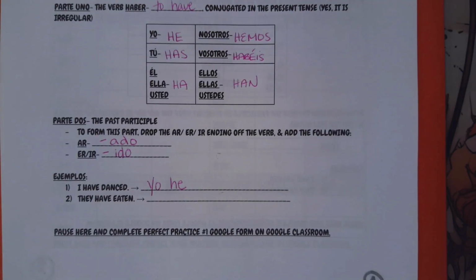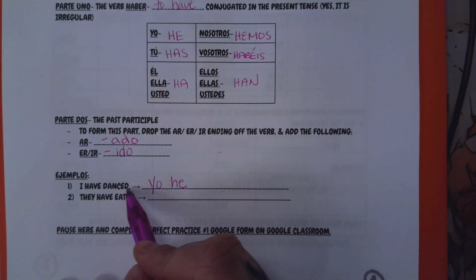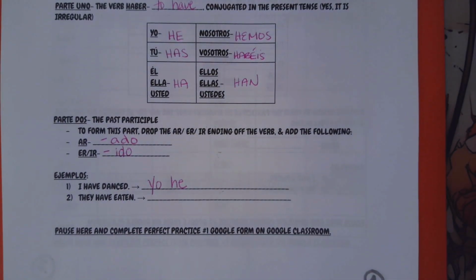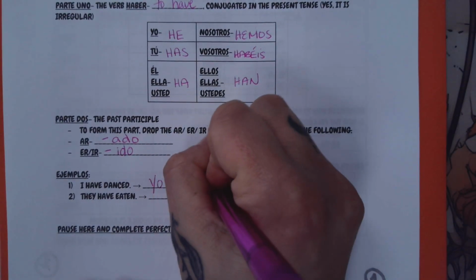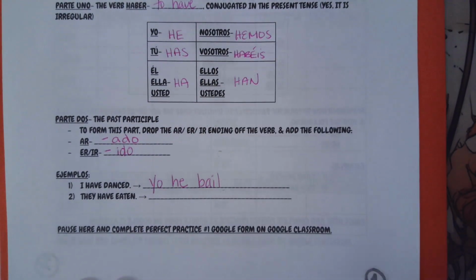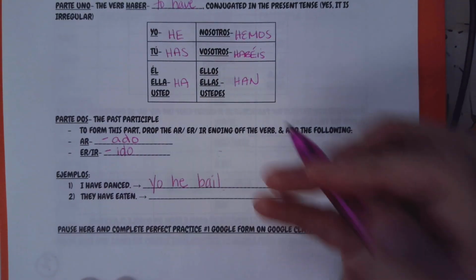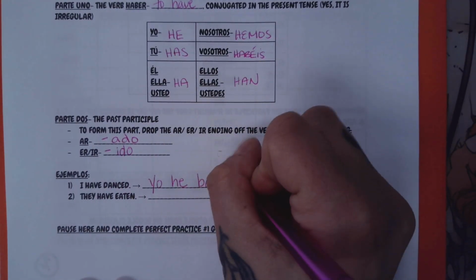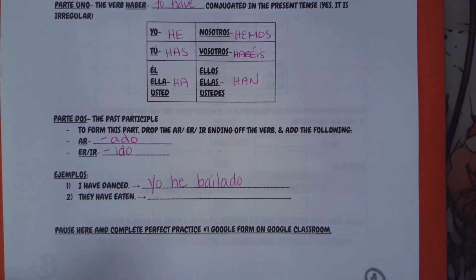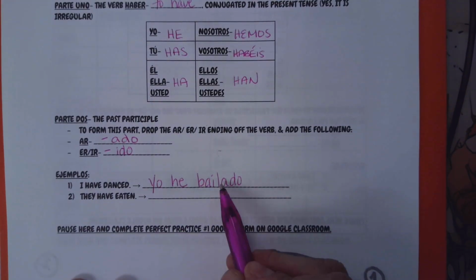And in Español se dice bailar. We know bailar is an AR ending verb. But in this case, for that past participle, to get that ED when we're using it in this tense, we're going to drop off the AR of bailar. And we would have bail left over. And we would add ado to the end of that verb, which is the past participle. I have danced.